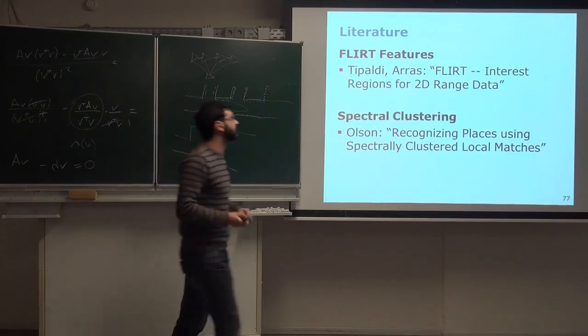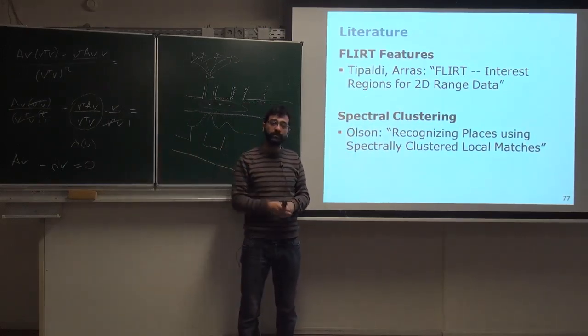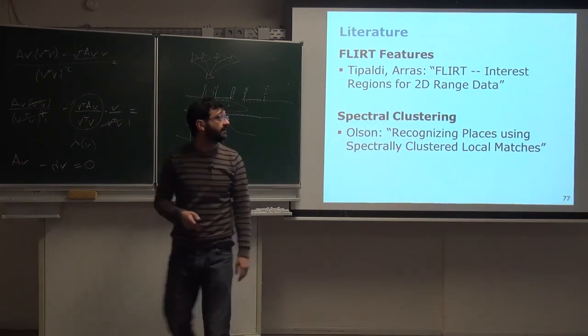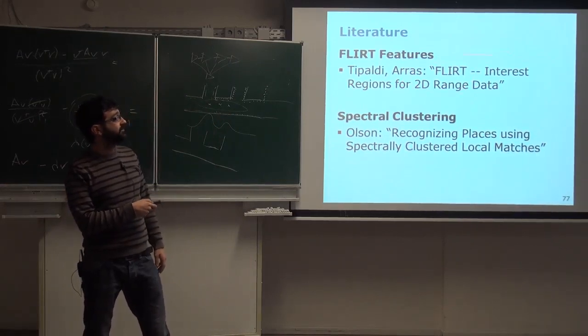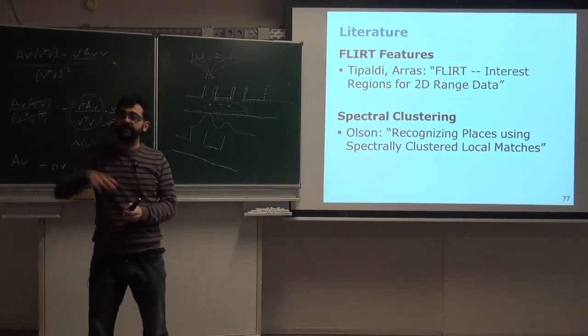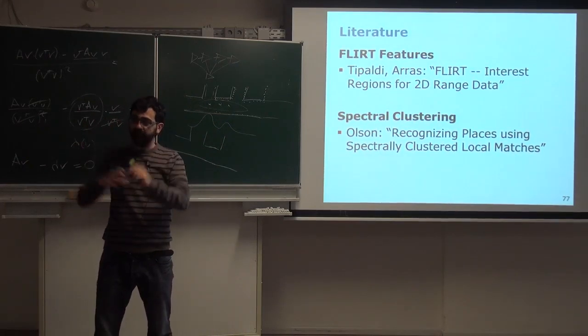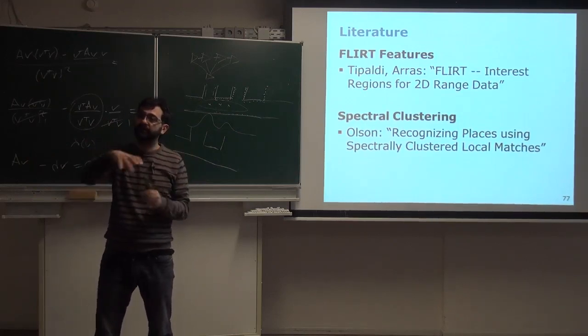A bit of literature: the part on spectral clustering, so this global and local ambiguity, you find in this paper here. And here is something that I did, as an example of features you can detect for 2D laser data, how you can handle this 2D range data, find points and describe these points.